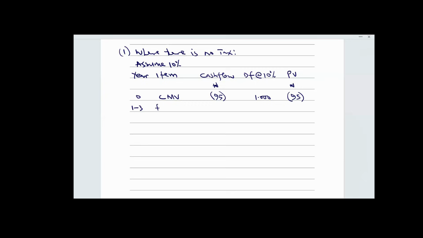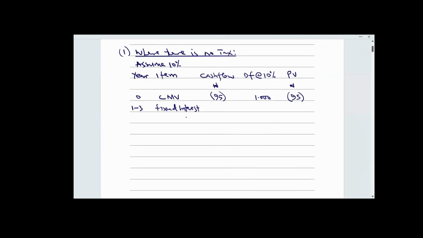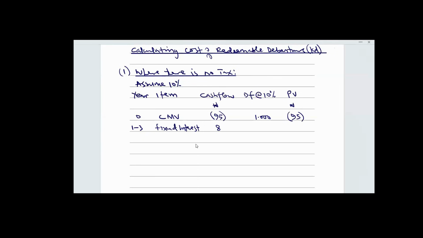All right, so this will be fixed interest. Now, the examiner has told us there is no tax. That means we don't need to incorporate tax. So the interest is 8%. So I'll just put 8 here. No tax. Then we need to calculate the annuity factor of year 1 to 3.